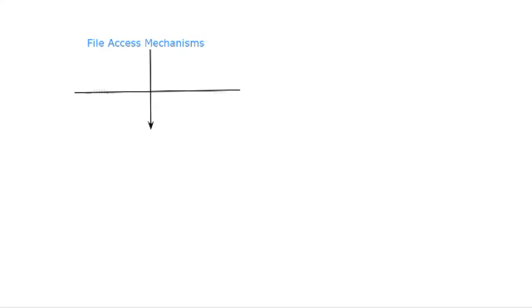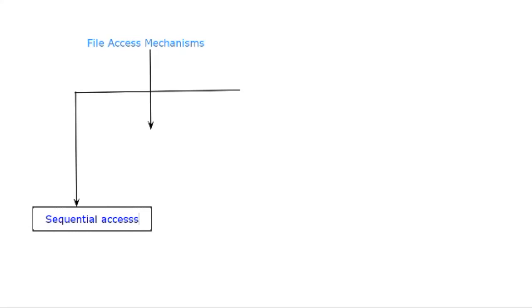First is sequential access. Now, can someone tell me, when one is sequential access, what are the other types?